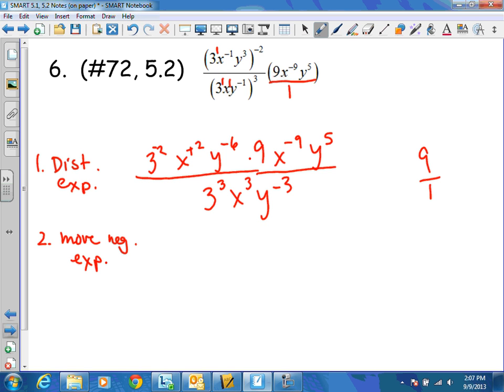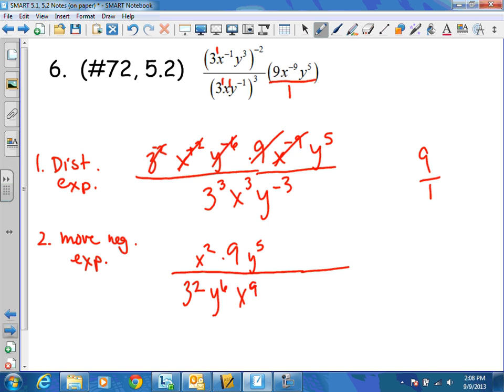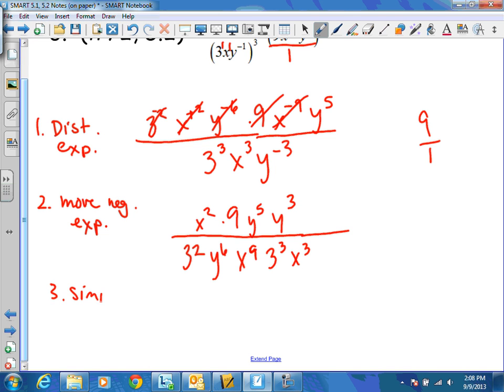Let's do that. Then I'll simplify my numerator and denominator.